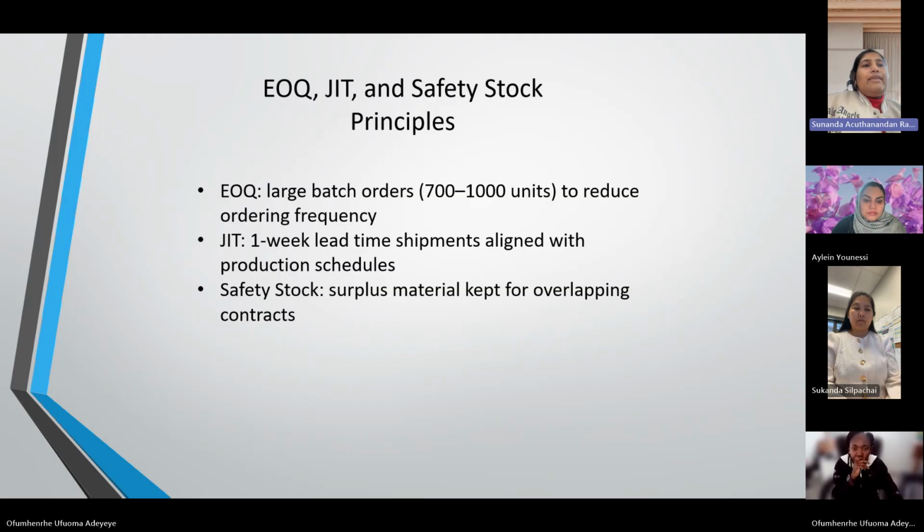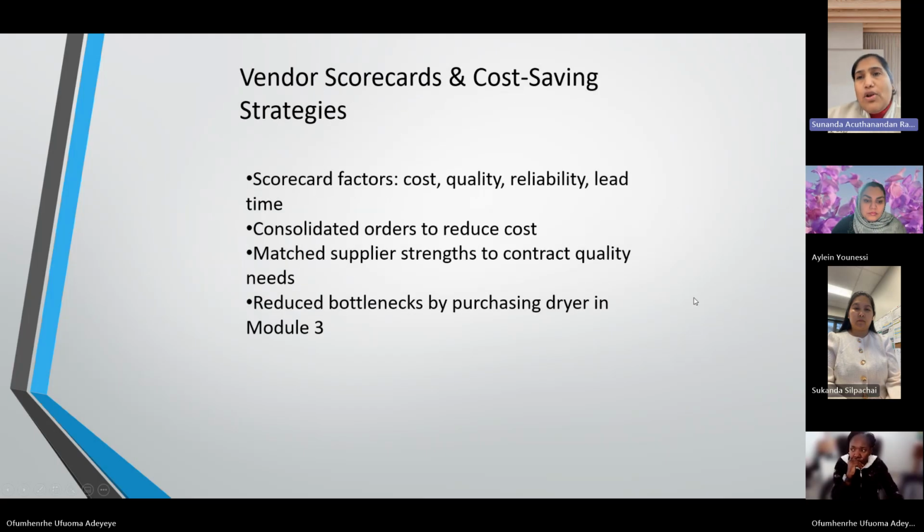We also applied economic order quantity and just in time more systematically instead of relying on intuition, and made sure we had enough stock to meet needs and keep production running.